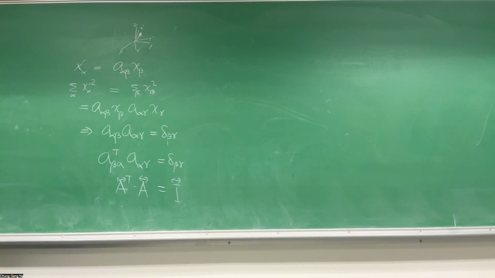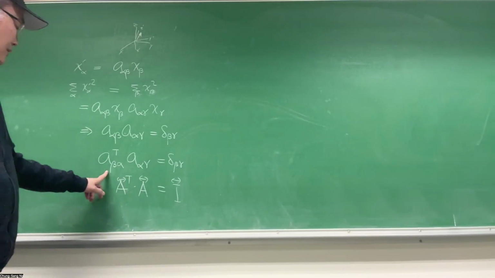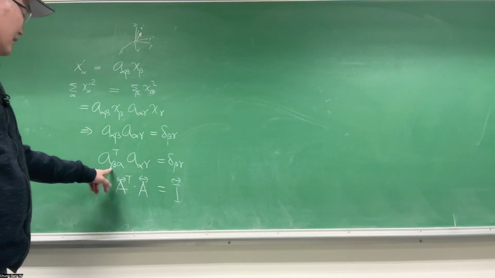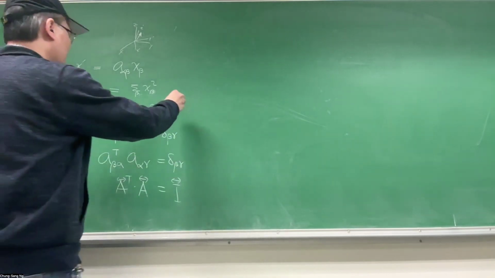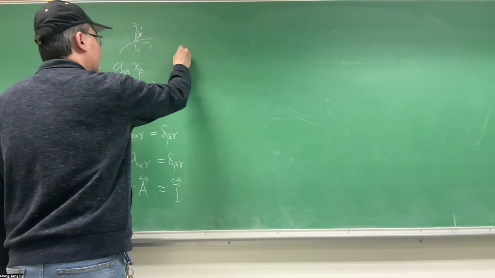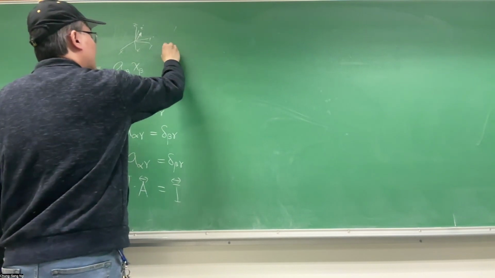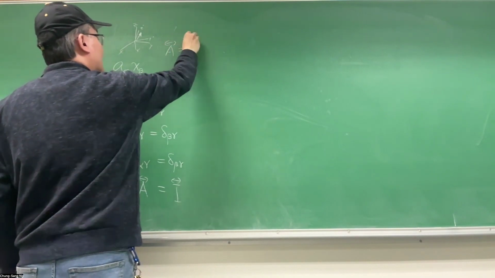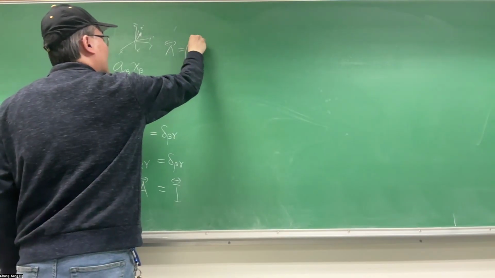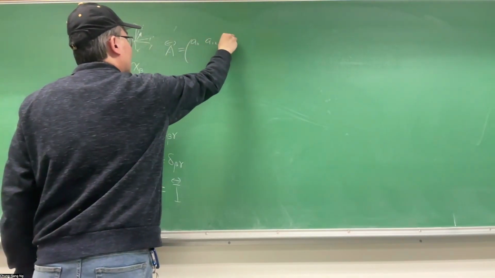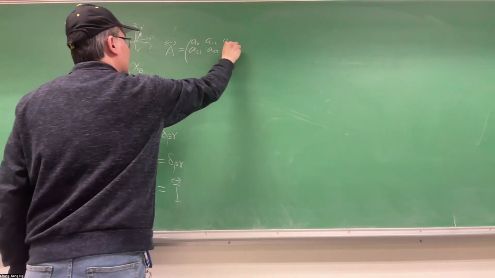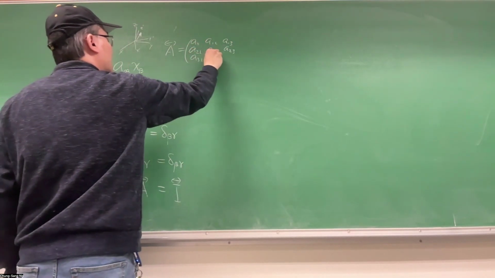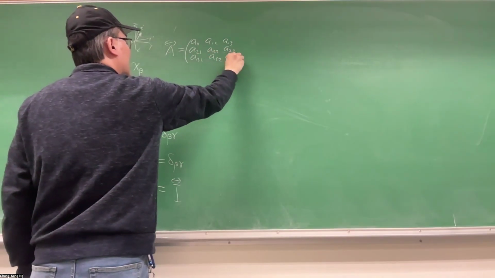Transpose means interchange column and row. Like if you write explicitly, because this is just three dimensions, it's easy: A11, A12, A13, A21, A22, A23, A31, A32, A33.